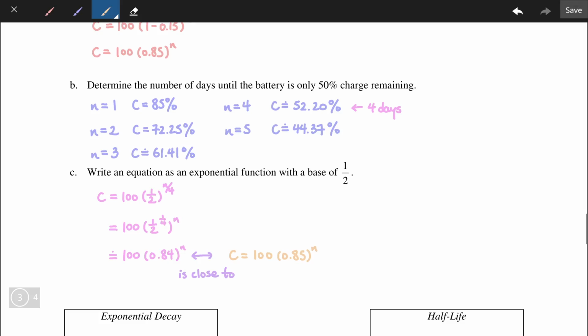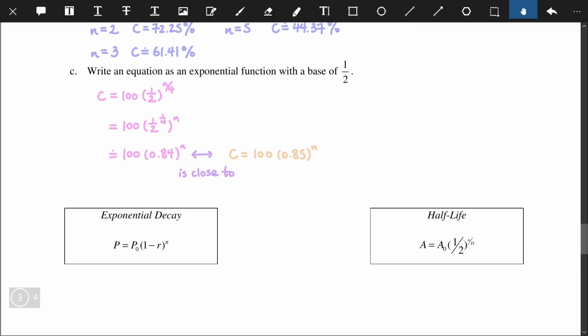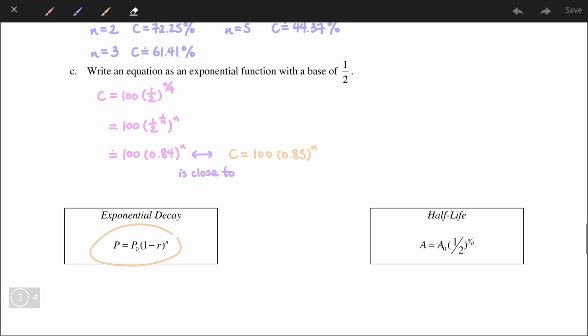Okay, so once again, the idea here is if we're given the rate of decay, we can write our exponential decay equation this way. If we're given the half-life in terms of time, we can write our exponential decay equation this way.